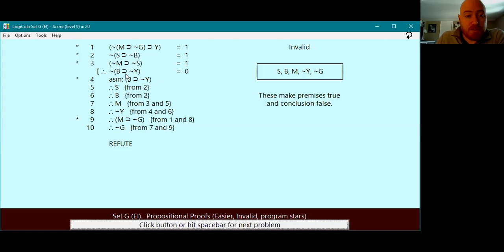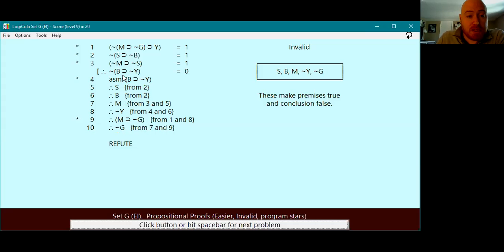And here I've got a false conclusion, okay? So this tilde is going to be false. Now, in order for this tilde to be false, this horseshoe has to be true, okay? So this conditional says if B is true, then so is not Y. Well, I've got B true right here, and I've got not Y true on line 8.